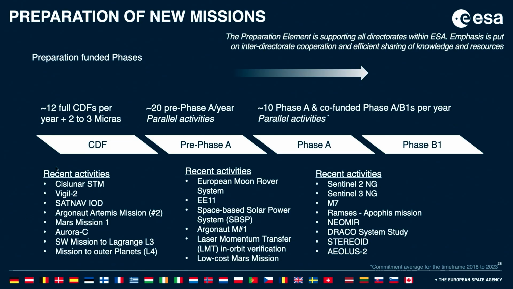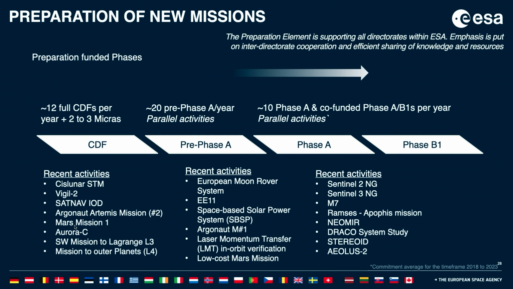We also run concurrent design facilities, which are special meetings where we discuss a mission concept that is not yet proposed to the member states. A bunch of engineers and different working groups are closed in one room for the entire day, and they discuss different trade-offs of the mission and whether it makes sense to continue with its development.